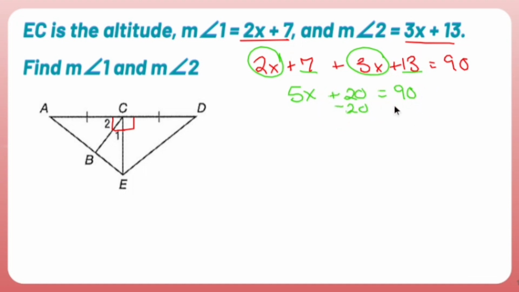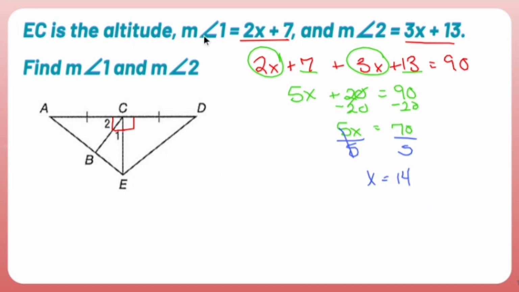Now it's a two-step equation. Subtract 20, 5x equals 70. All right, now it's a one-step equation. Divide both sides by 5, and you get 14. Done, right? Wrong. We're supposed to find the measure of angle 1, not just x.